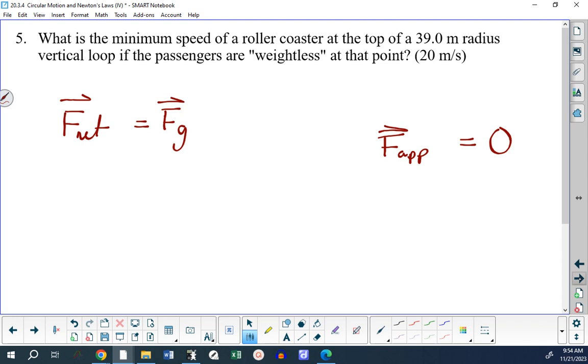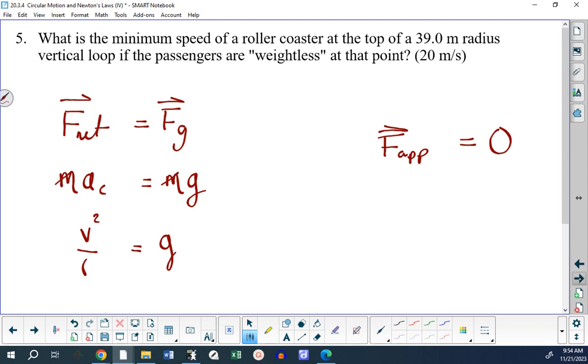So it's the net force. That means ma equals mg, which means v squared over r equals g. And this would be the result whether you were weightless on the inside of a curve or the outside. It's not going to matter.